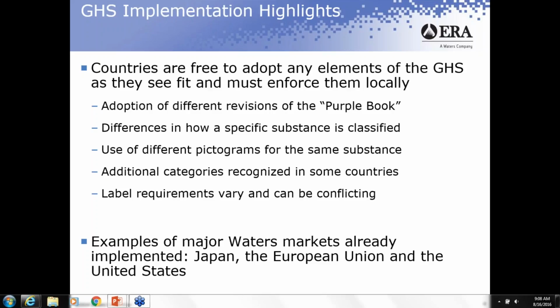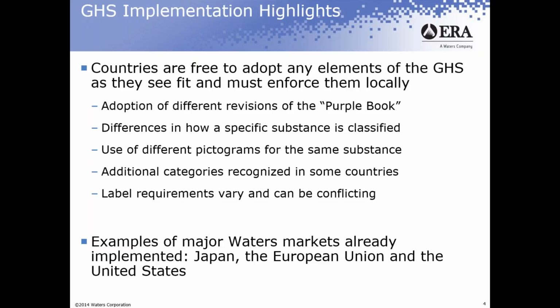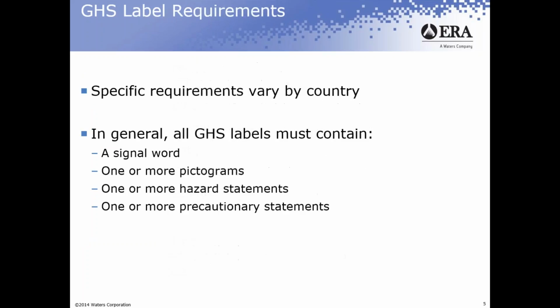Again, countries are free to adopt the elements of GHS how they see fit. It leads to many different countries having many different requirements for their GHS labeling and also their safety data sheets. So on the label requirements, we're going to start with that first.